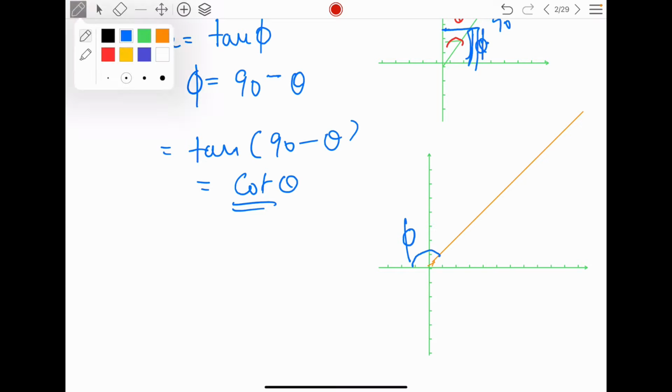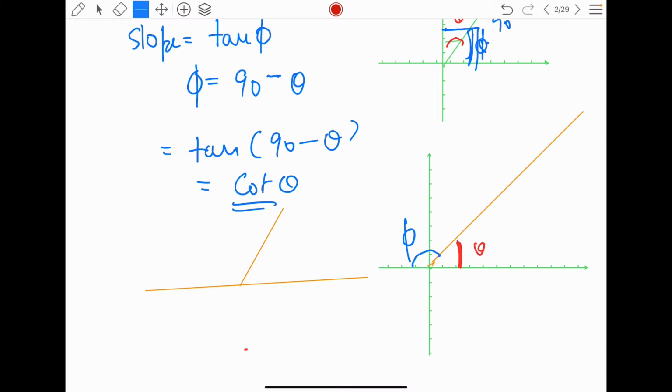For the slope I just need to take the angle made between the line and the positive x-axis, theta, but I don't have theta here. I just have phi, which is the angle made by this line with the other part of the x-axis. So simply imagine your linear pair, your geometrical figure like this. If a straight line is intersecting a line here, the total angle made by a straight line is 180 degrees.